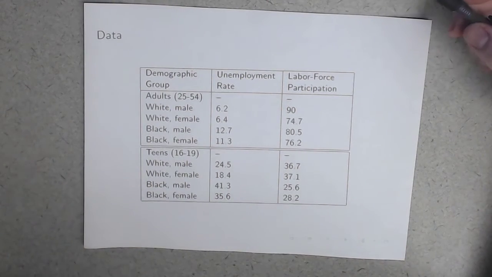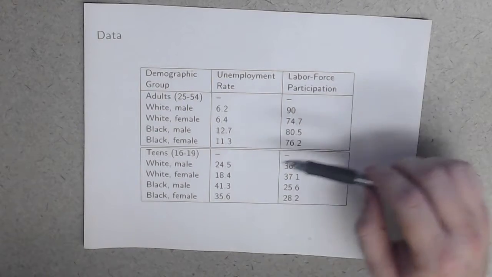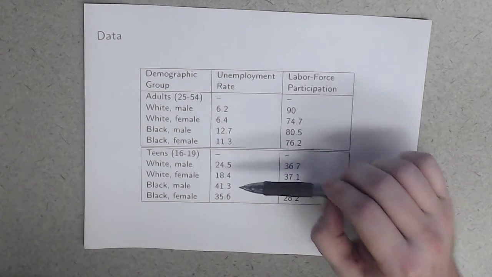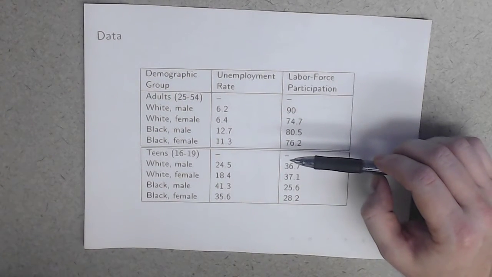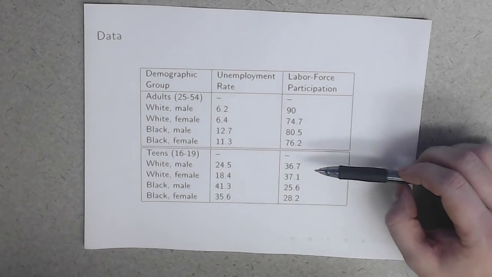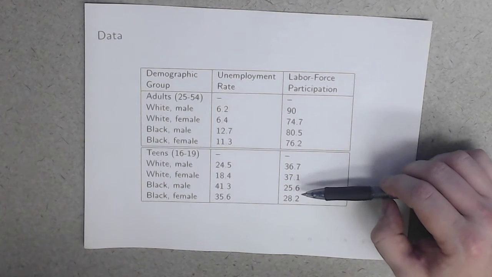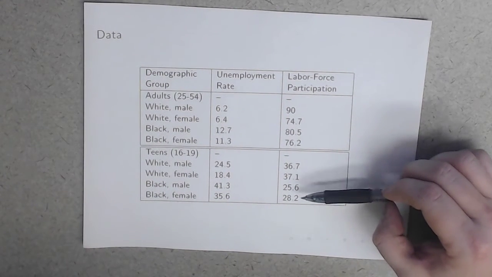For teens, we see something a little bit interesting. So for teens, again, you see the unemployment rate for white teens is about half that of black teens. And you see white participation rates are higher across the board than black participation rates.